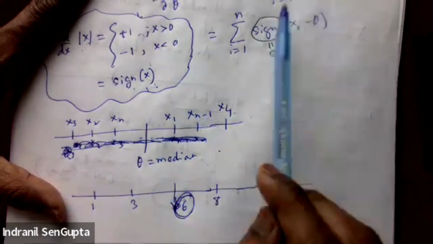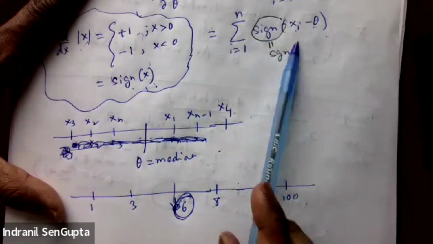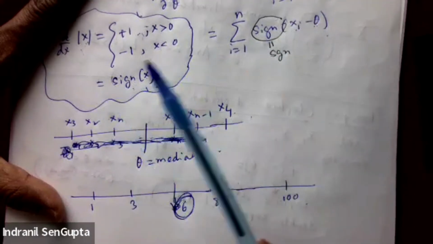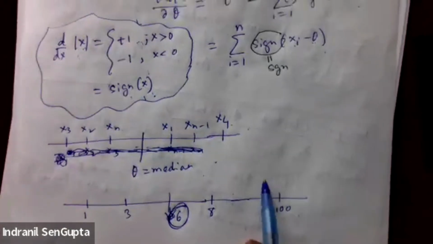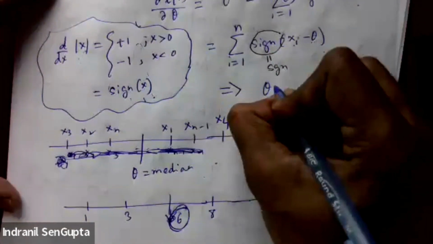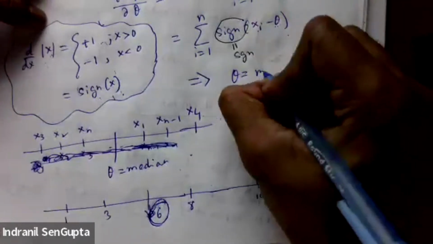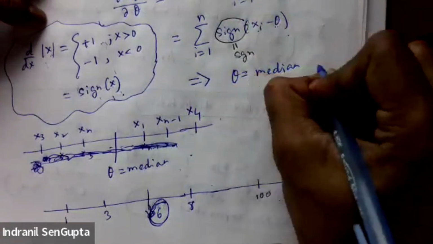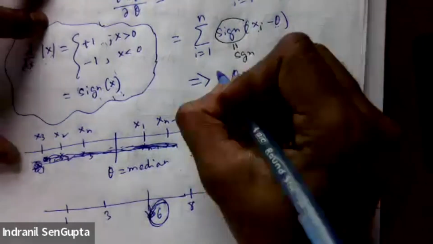And if there is an even number of values, then theta is somewhere in between, so it's picking up the same number of pluses and minuses. So the conclusion is that theta can be taken to be a median of x1, x2, up to xn.